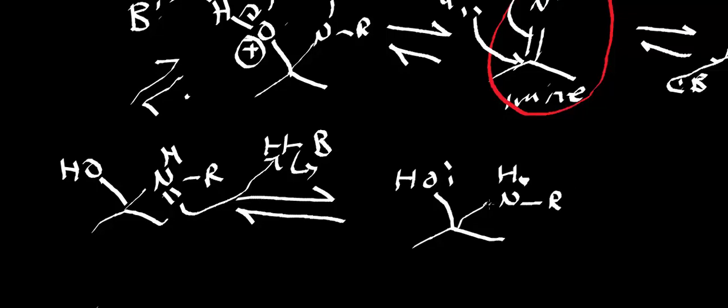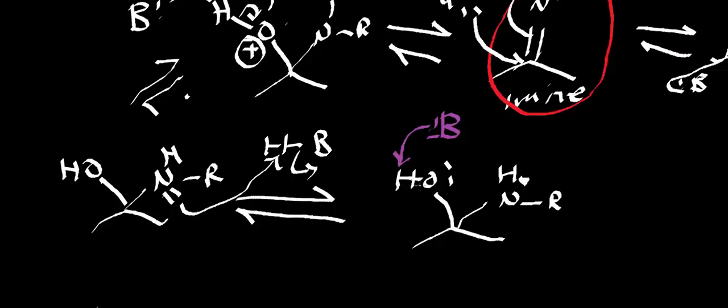Well, there are two ways you can look at the next part of this mechanism. You can look at this as either a concerted or a stepwise mechanism. But suffice it to say, you're going to have this base, and either way, it's going to abstract this proton, right?